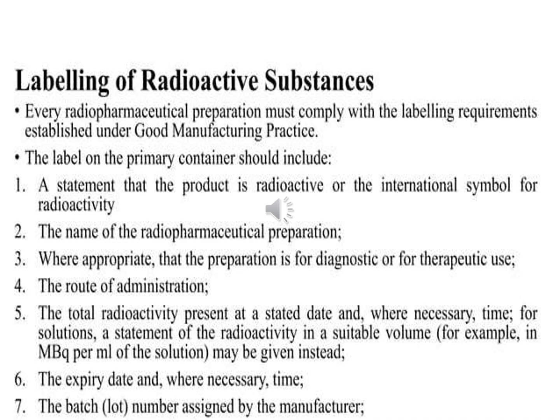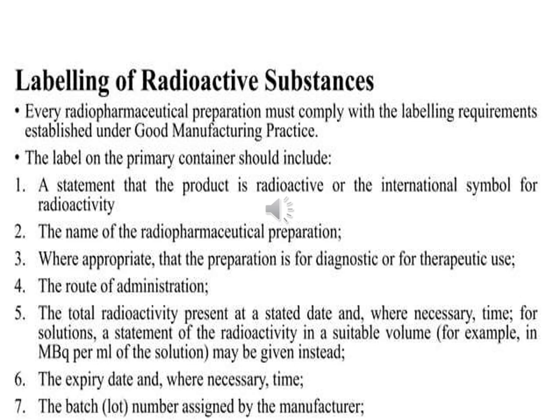Labeling of radioactive substances. Every radiopharmaceutical preparation must comply with the labeling requirements established under good manufacturing practice. The label on the primary container should include a statement that the product is radioactive or the international symbol for radioactivity, the name of the radiopharmaceutical preparation, and, where appropriate, whether the preparation is for diagnostic or therapeutic use.